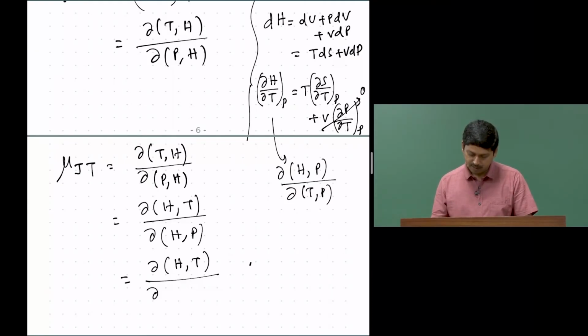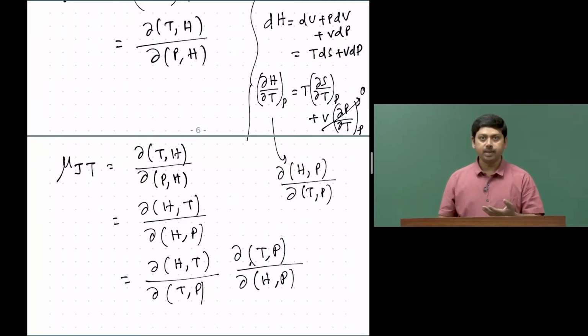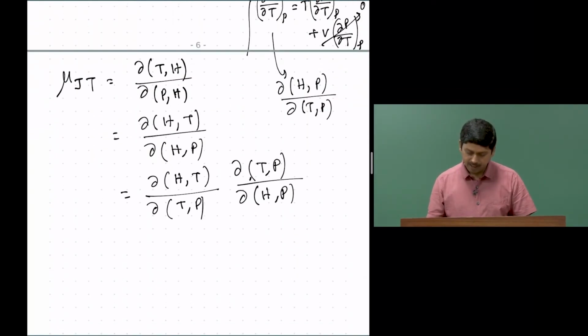So, let's write del T P multiplied with del T P and del H P. You see I wanted to bring del S by del T at a constant P, and that's why I multiplied with T P in the numerator and denominator.